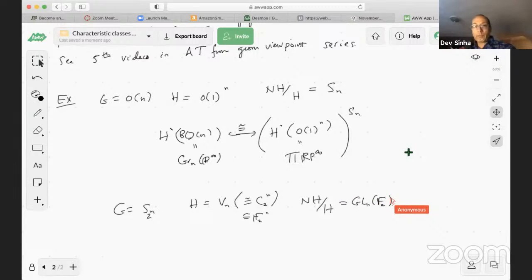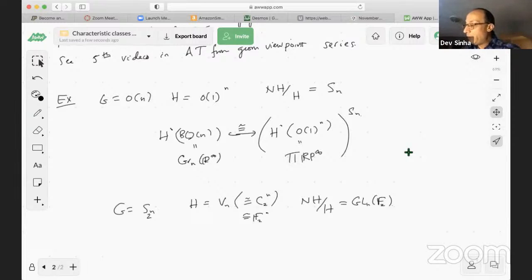So the characteristic classes calculation led us to see some invariant expressions under GLn F2, but in fact, the general theory predicts that we would need to map there.